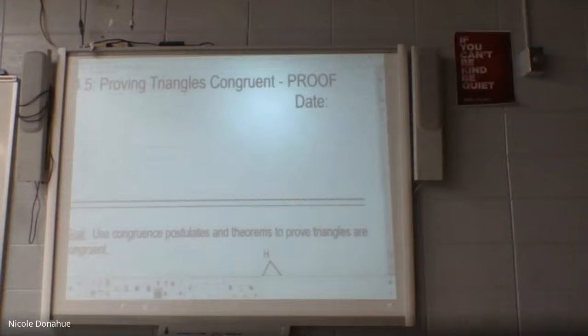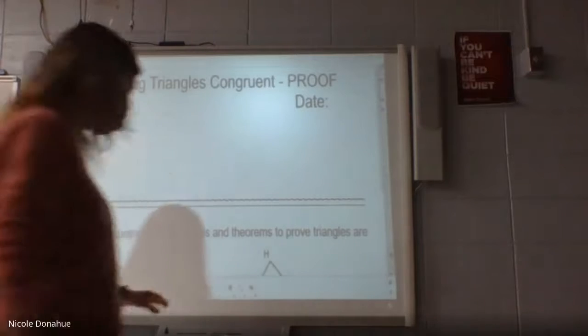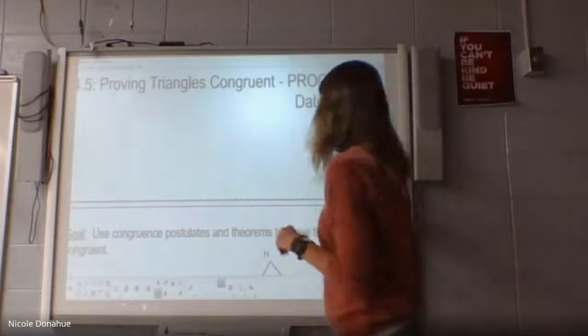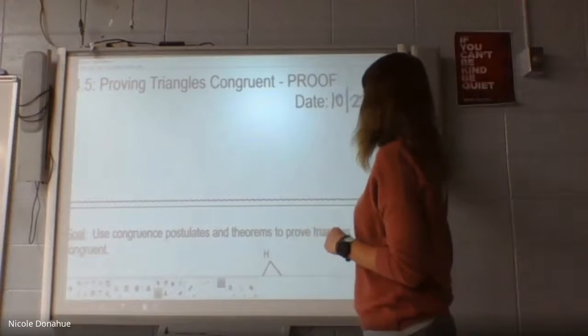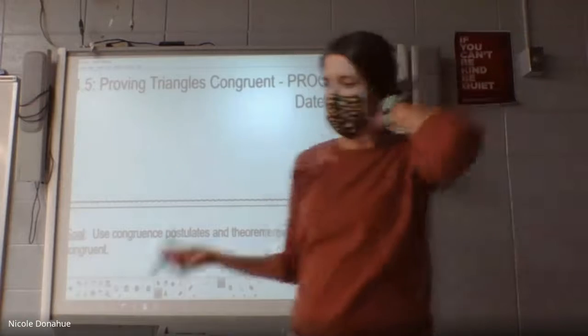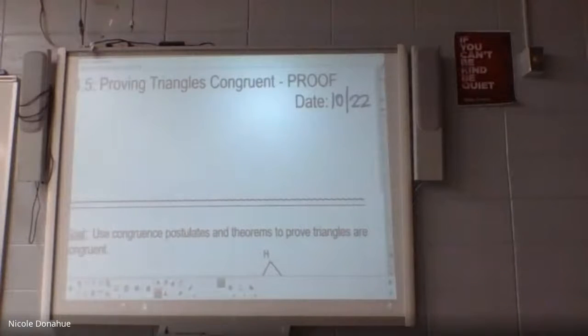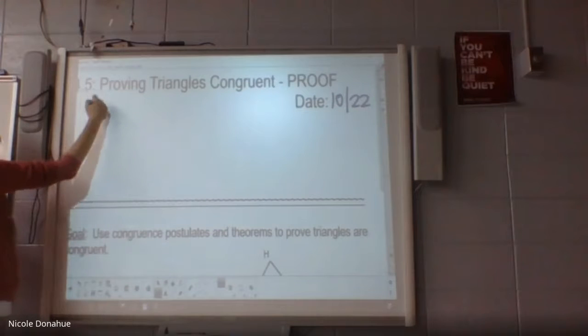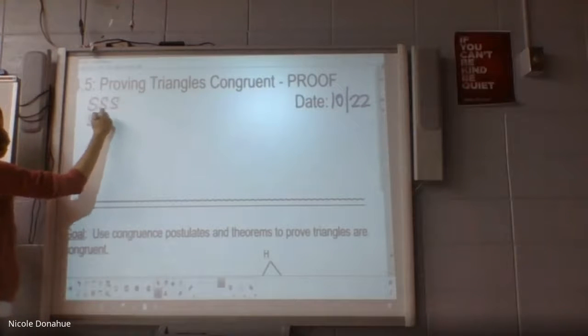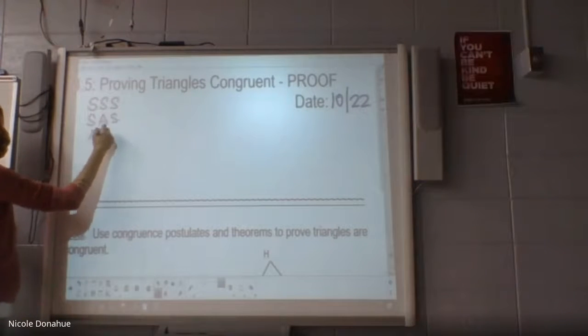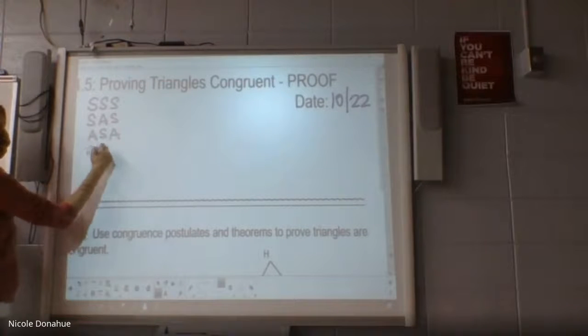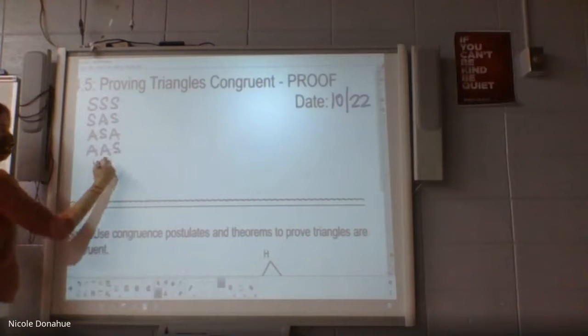So in the spot where the warm-up is, I do want to remind us of the things we've been using. We're going to need to use the reasons we've learned so far in order to do these proofs. One of the big things we're going to be using today is all those different triangle properties: side-side-side, side-angle-side, angle-side-angle, angle-angle-side, and hypotenuse-leg.